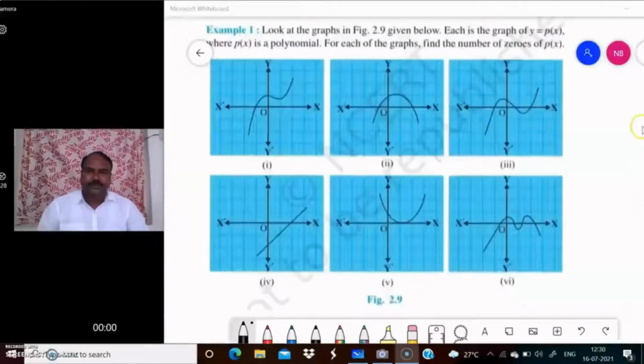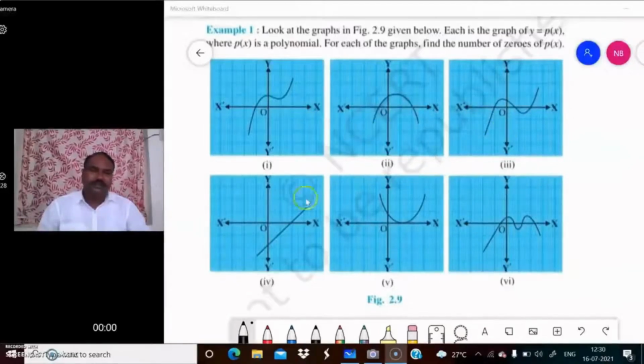Now, example 1 from your textbook. Here 6 graphs are given of different polynomials. We are supposed to write the number of zeros that the polynomials will have. Now you observe this first one. Here it intersects the x-axis at only one point, a single point, so in the first one this polynomial has only 1 zero.